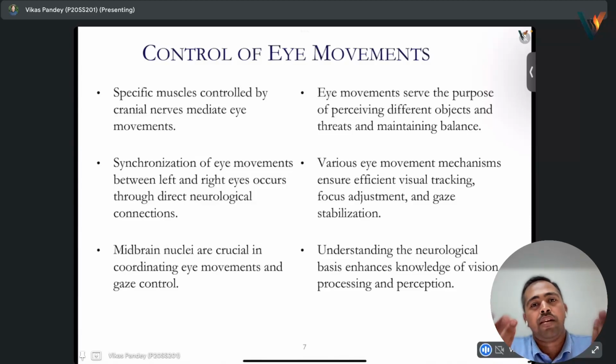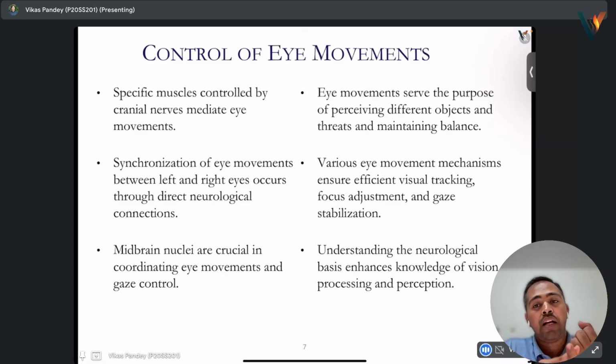So, since it is very near to the brain, it is directly connected to the brain without any intermediary step, and that facilitates very fast movements. Okay, midbrain nuclei are crucial in coordinating the eye movement and gaze control. Okay, eye movement serves the purpose of perceiving different objects and threats and maintaining balance.